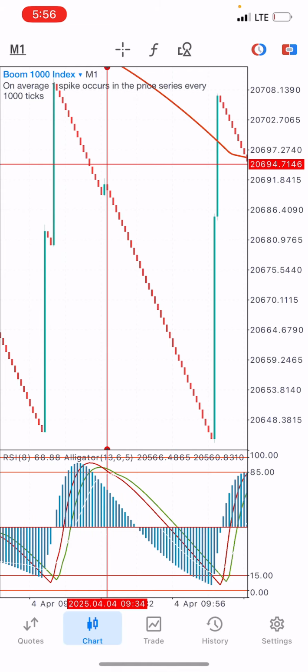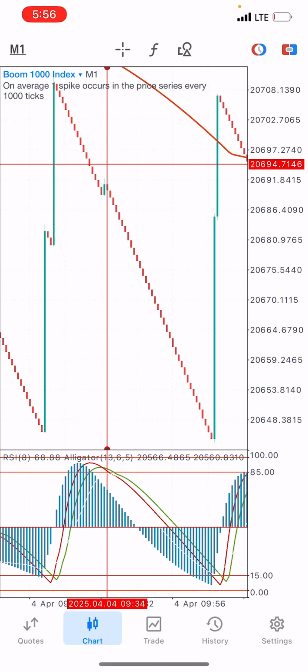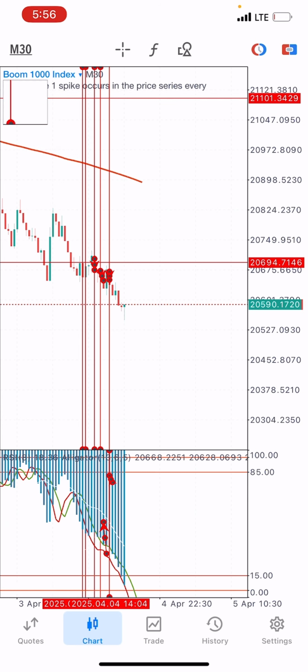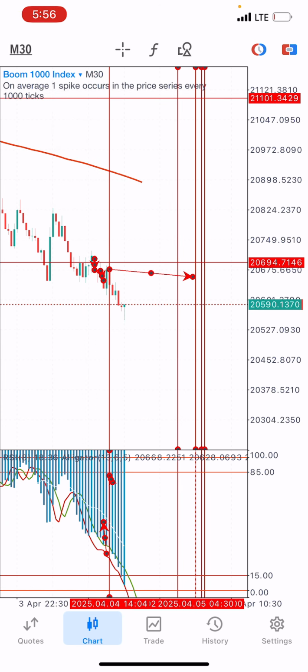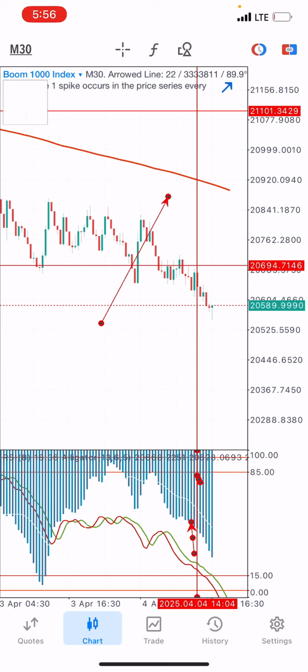Now the job of this MA is to tell you the market trend. If the market goes down for a long time, or is in a strong downtrend, you see it on the higher time frame, like the 30 minutes time frame or the 15 minutes time frame. So if the MA is above the current price, this is what I'm saying. On the 30 minutes time frame, you can see the MA is above the current price.